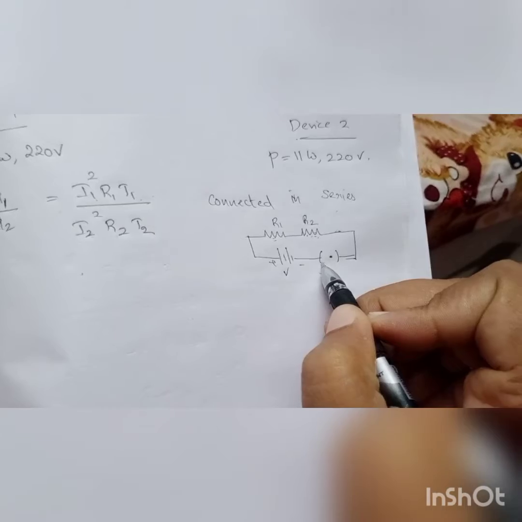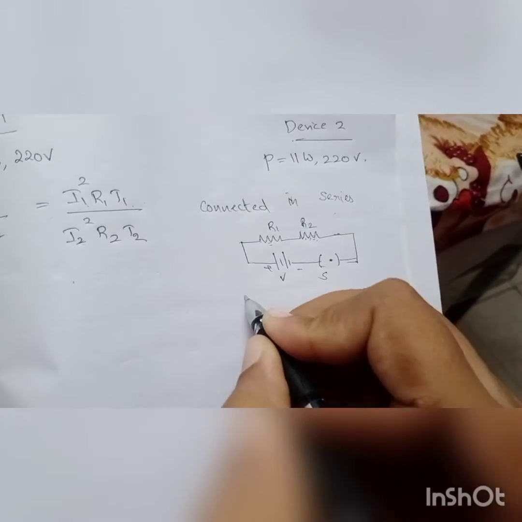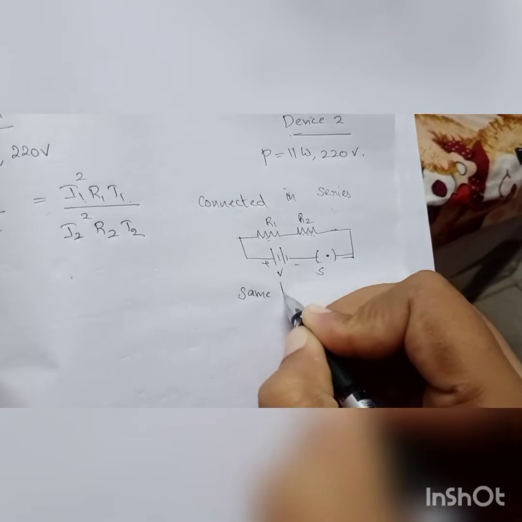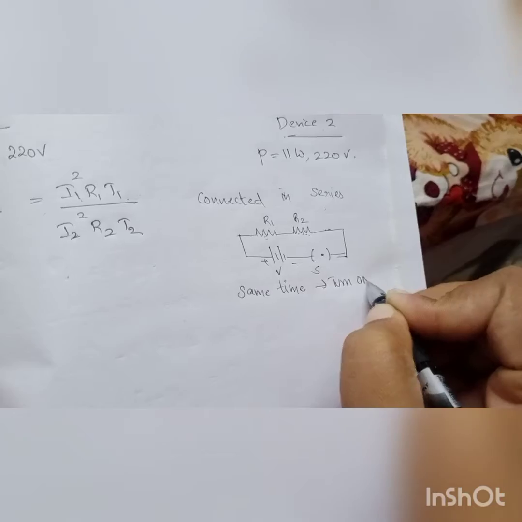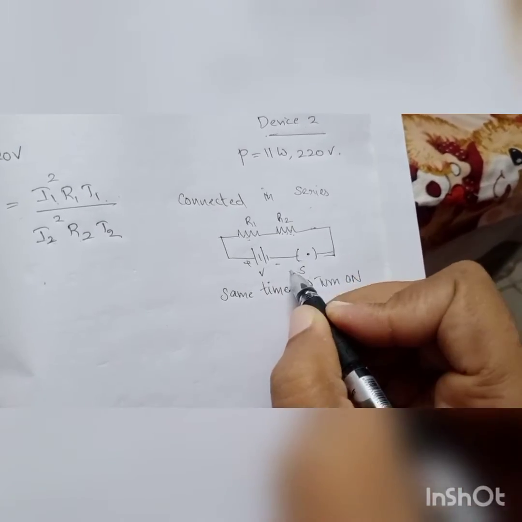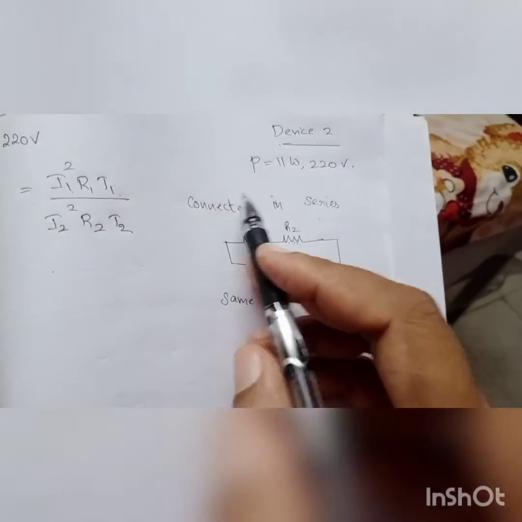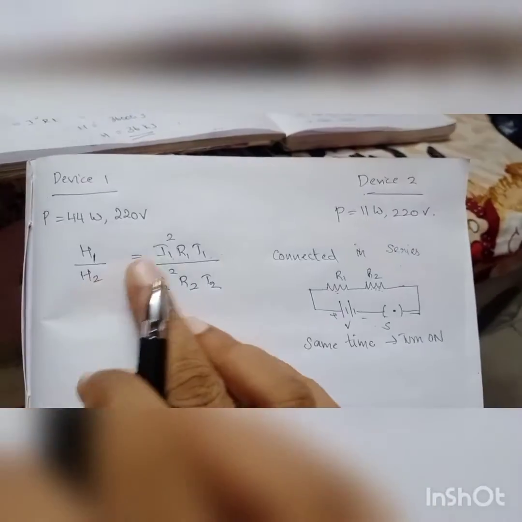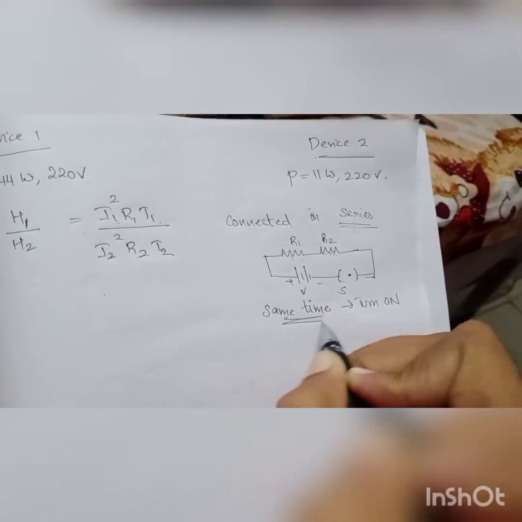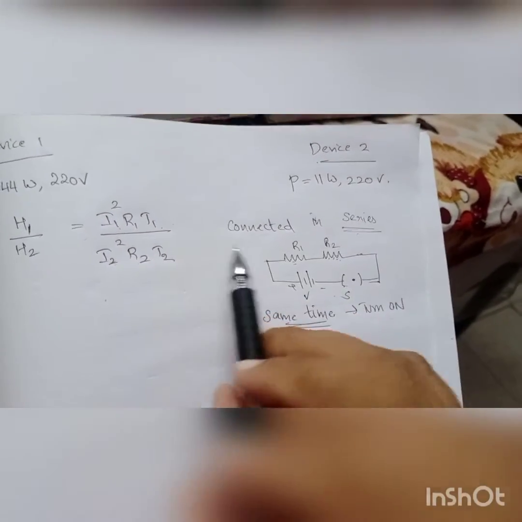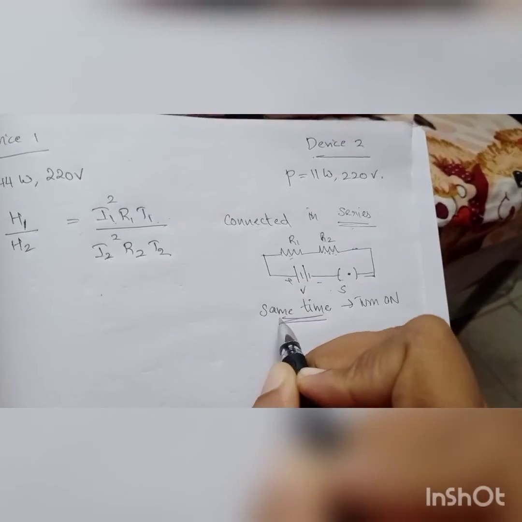Similarly, when the switch is off, they will turn off at the same time, simultaneously. So when two devices are connected in series, the switch on time will be the same.